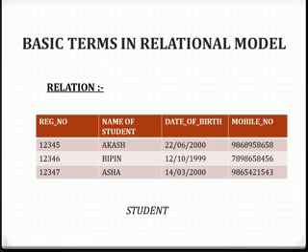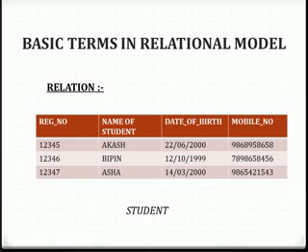So the table is called a relation in RDBMS. The name of the table is called the relation. Here the name of the table is student. You can see at the bottom the name of the table is student. This student table consists of the registration number, name, date of birth and mobile number of three different students.